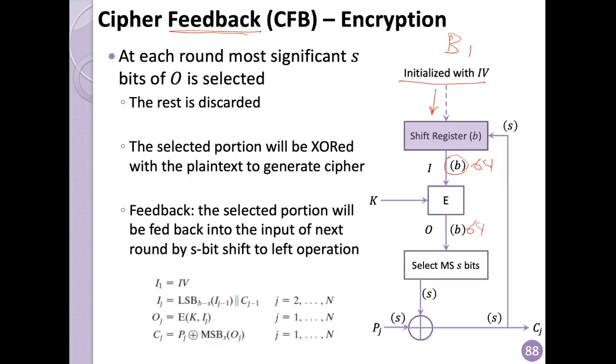And here, we only use some bits, let's say 10 bits of that, or S bits of that, and we XOR, and whatever we get is going to be fed back to the initialization vector. So that's why we call it feedback, because this is C1, if we are talking about block 1, which is going to be fed back to the initialization vector.